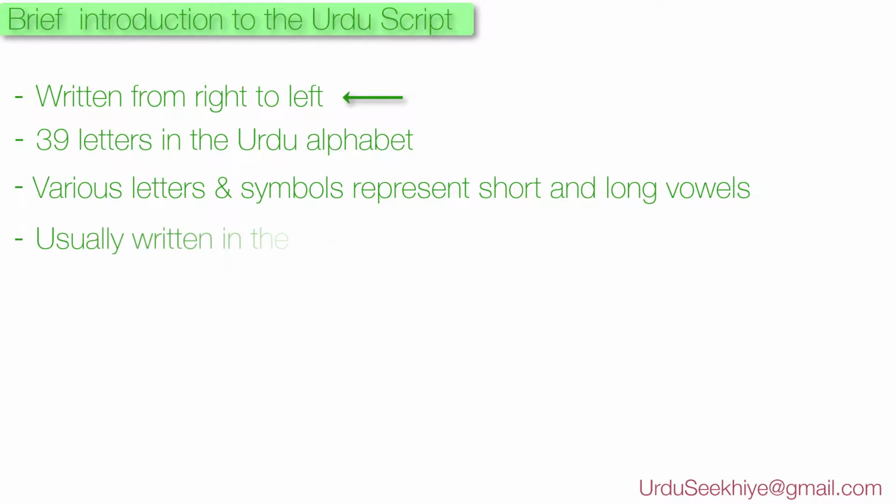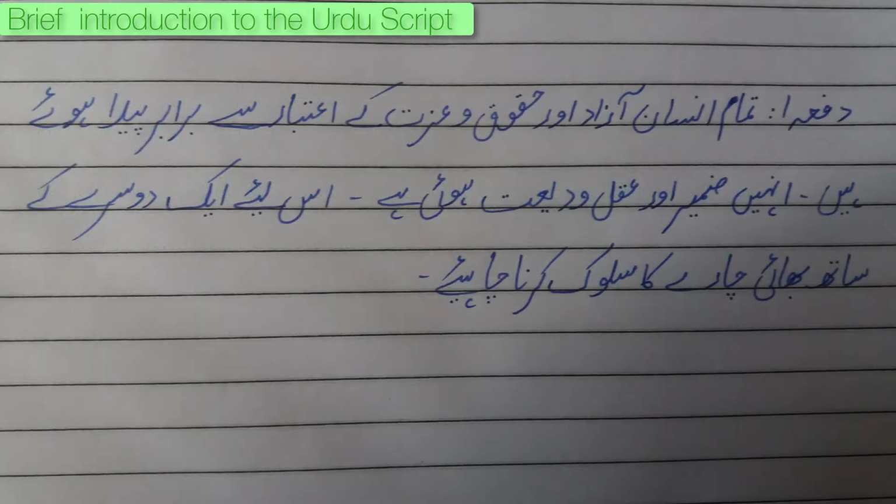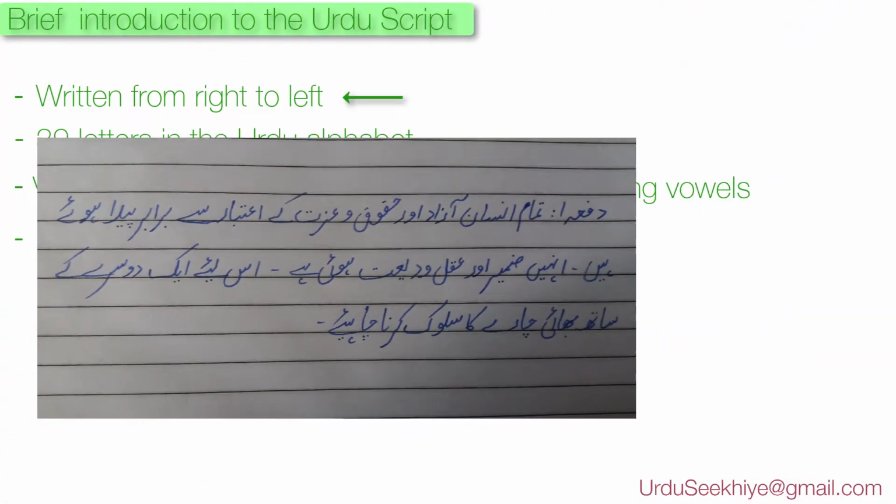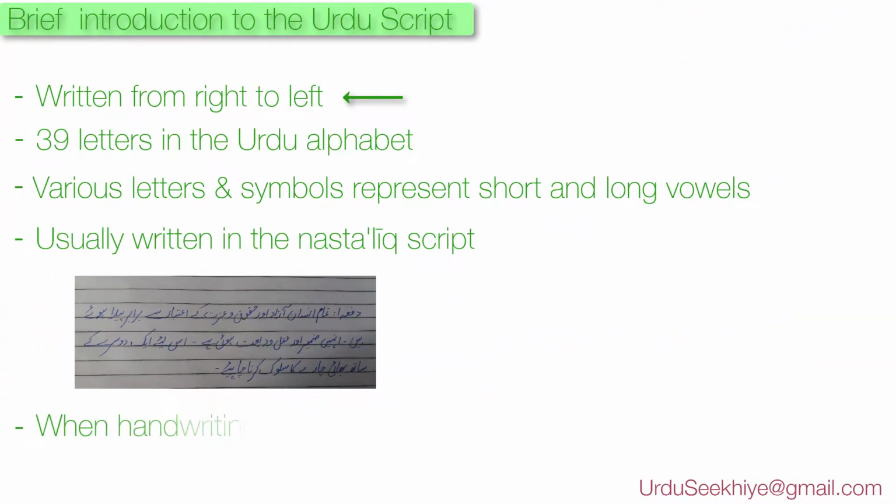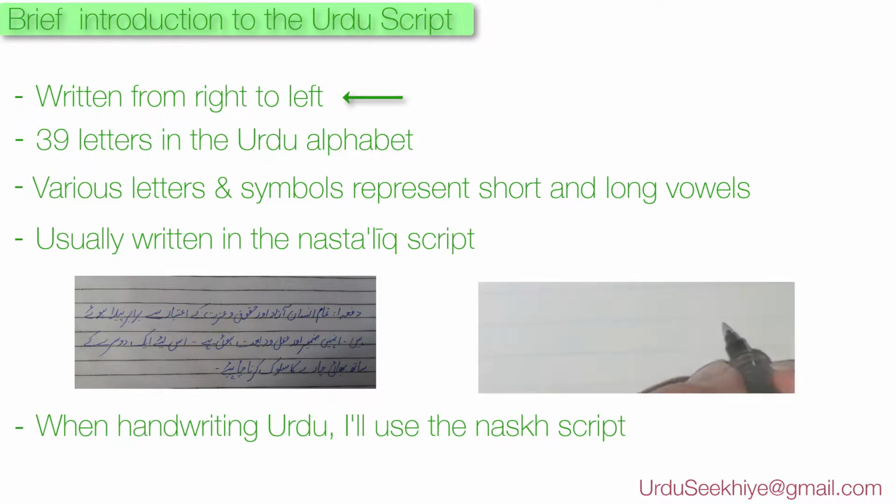Urdu is normally written in the Nastaliq script, which looks like this. But I'm going to write Urdu using the Naskh script, mainly because I took Arabic in college, and Arabic is written using Naskh, and that's just what I've gotten used to. Naskh looks like this.